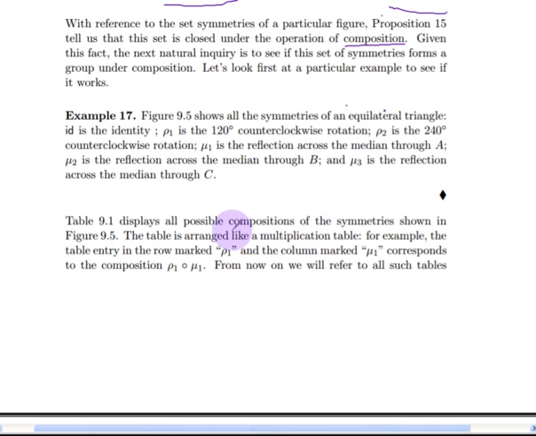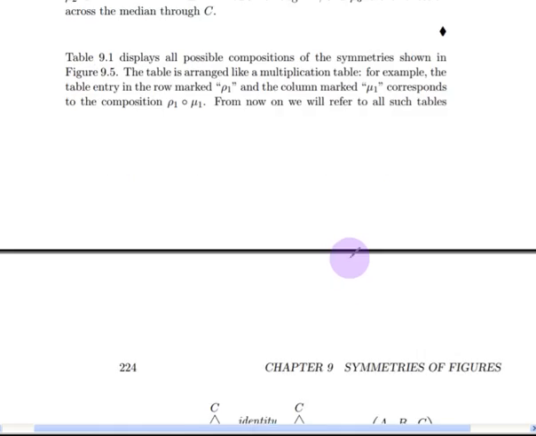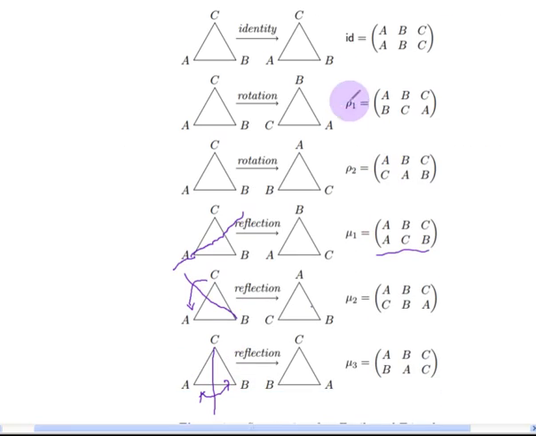Now, we can display the composition of these symmetries in a table, like a multiplication table. All right. This is our notation for all of them. Identity, that's the Greek letter rho for rotation. Rho 1, rho 2, and this is mu1, mu2, mu3 for these flips.